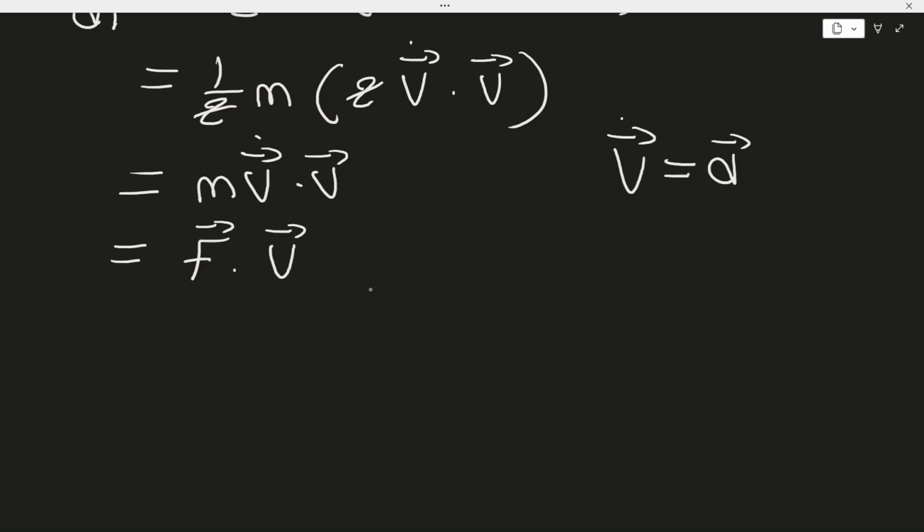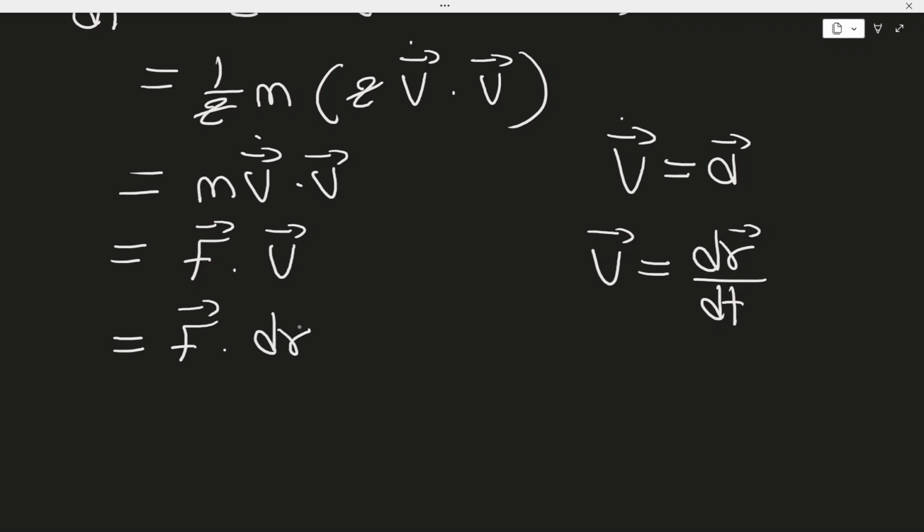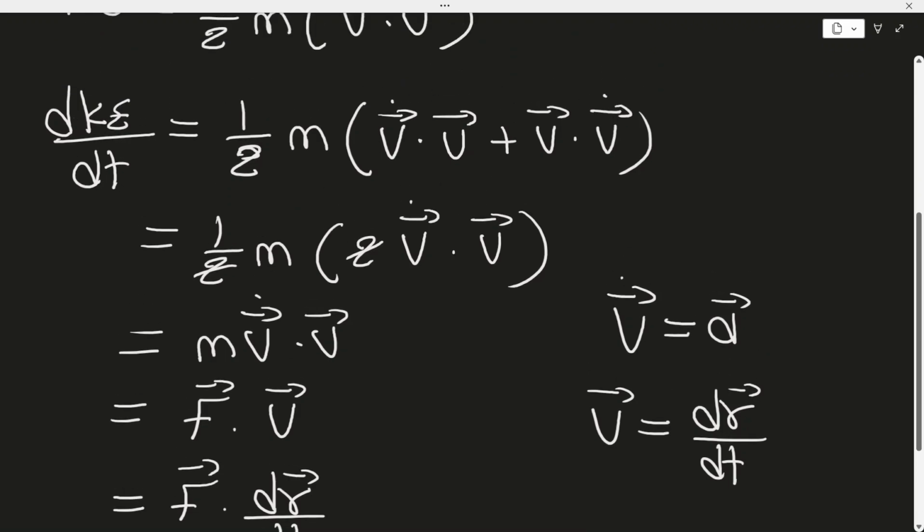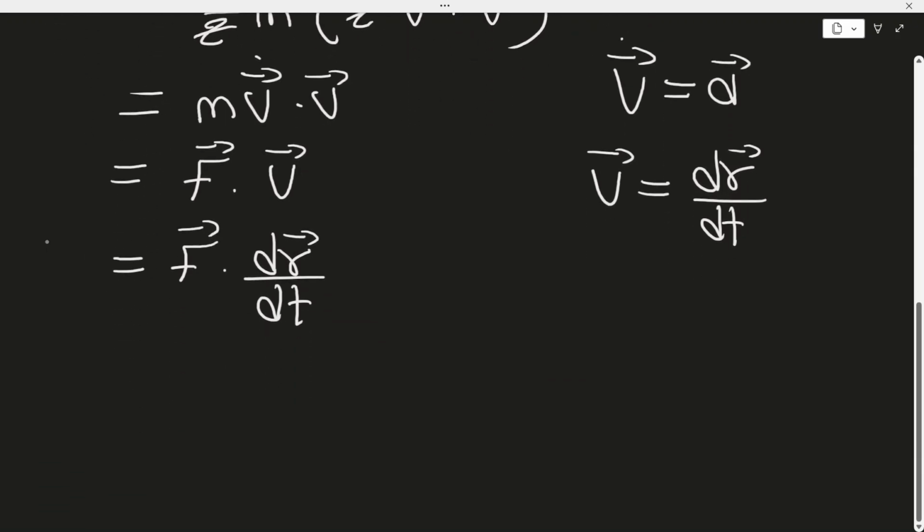Furthermore, we can write the velocity as the rate of change of displacement. All right, so we can write this as force dot dr divided by dt. Now that was dKE divided by dt. So if I bring it down, dKE divided by dt.